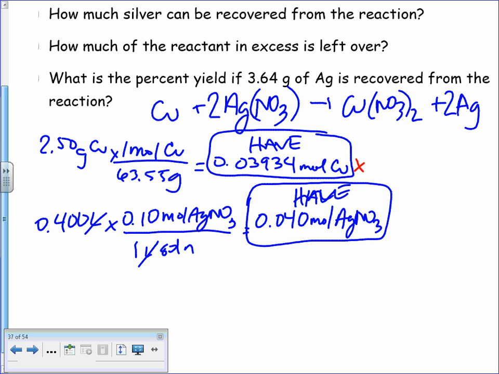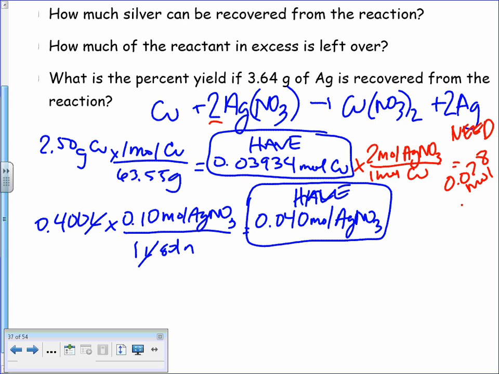Times 2 moles of silver nitrate, because that's what it says here, 2 moles here over 1 mole of copper, and that gave us how many moles of silver nitrate is needed with this amount of copper that we have. 0.078 moles of silver nitrate. 0.078 moles of silver nitrate.